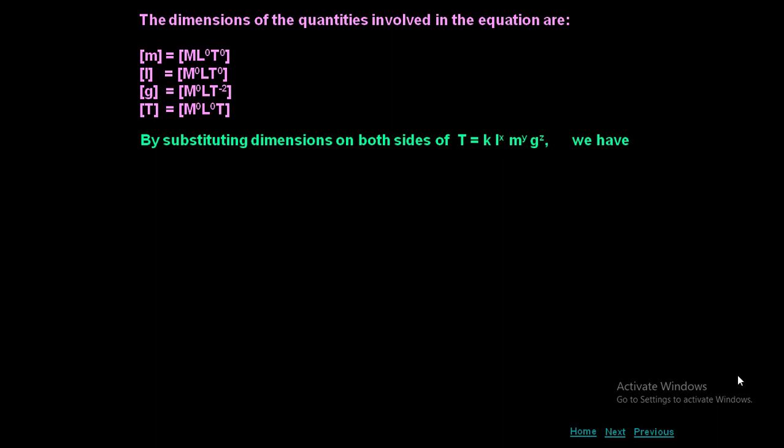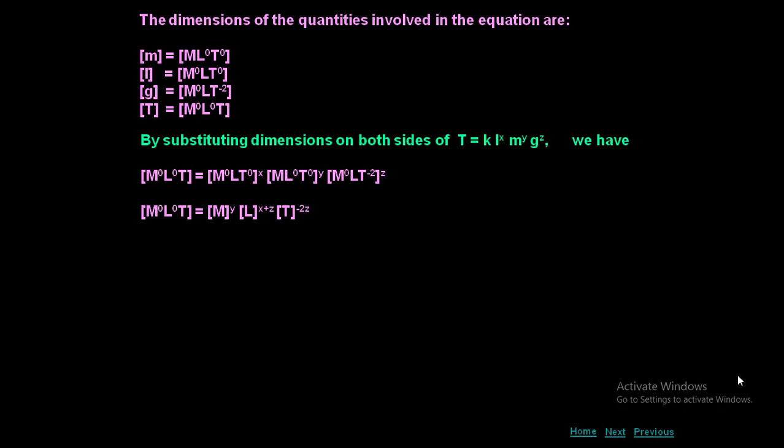That is T equal to k L to the power x, m to the power y and g to the power z. So we are going to have, in place of time, capital T in square brackets, in place of length, capital L to the power x in square brackets, in place of mass, capital M to the power y in square brackets, and in place of acceleration due to gravity, L T to the power minus 2 to the power z.